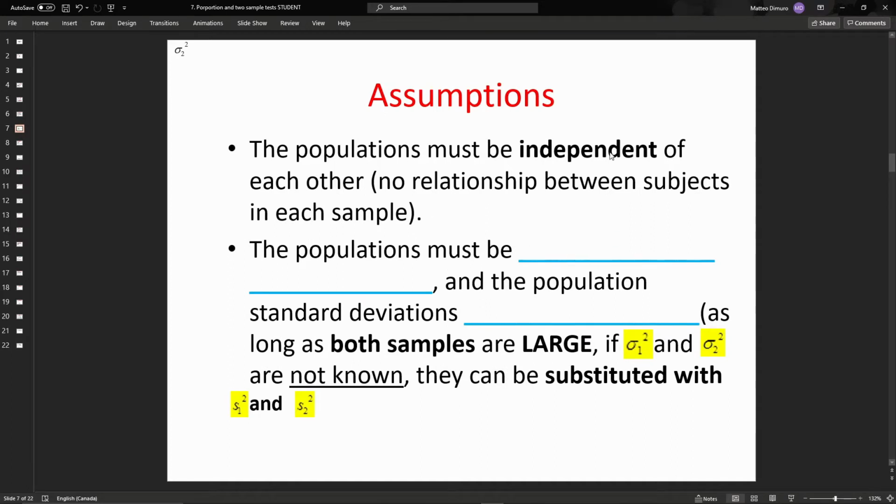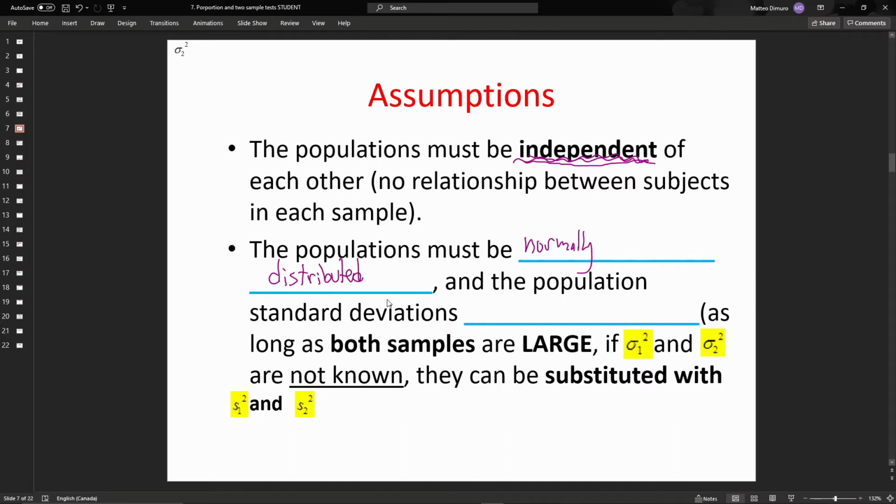Populations have to be independent. This is super important. Independent means there's nothing that links them together, like one variable goes up in one and it affects something in the other population. So no relationship between subjects in each sample. The populations must be normally distributed. We love the normal distribution.